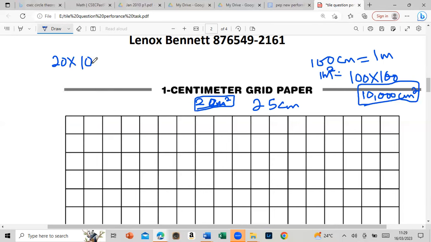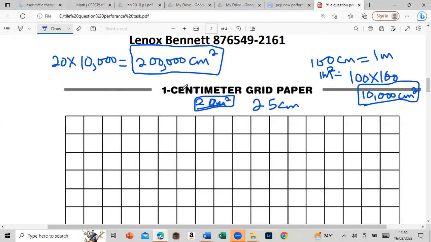That's going to be the area for the entire floor plan. Since 1 is 10,000, all of it is going to be 200,000. So the 20 meter square in centimeter square would be 200,000 centimeters square.